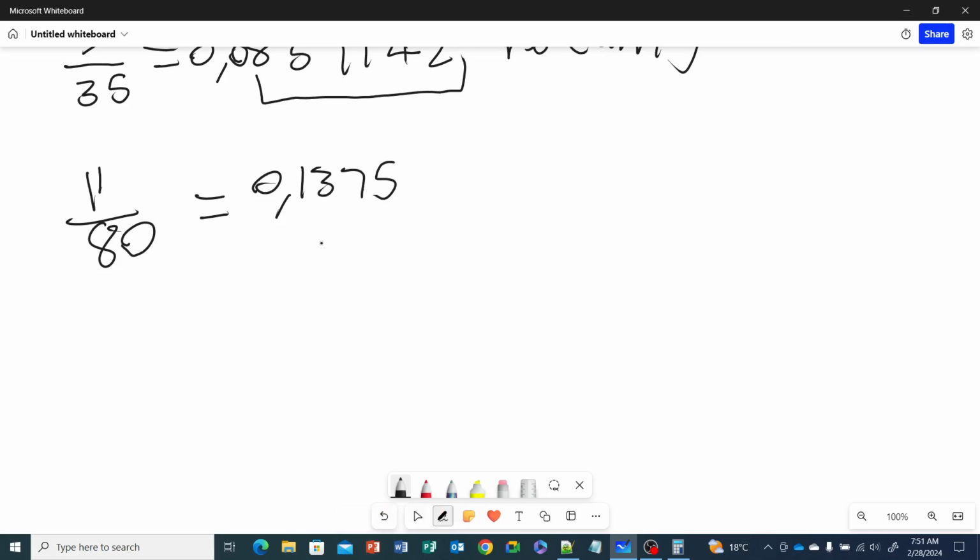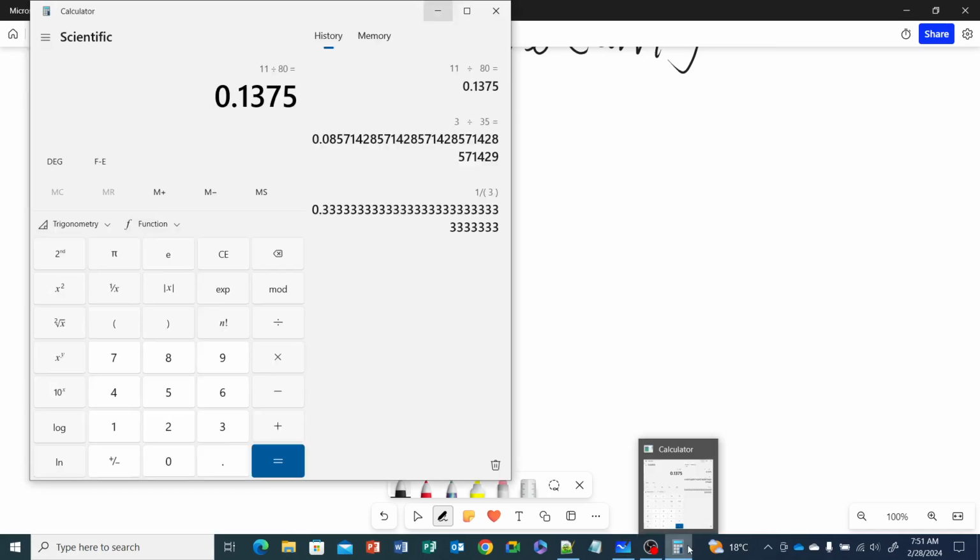Now the next number that we have is 20 divided by 21. Now let's go to our calculator and see if this number is recurring or terminating. 20 divided by 21. Then we hit the equal sign.